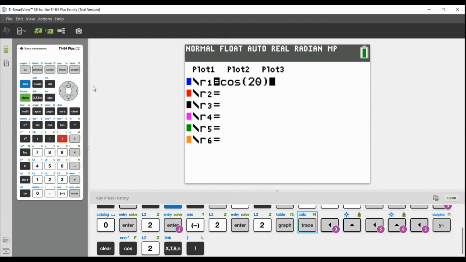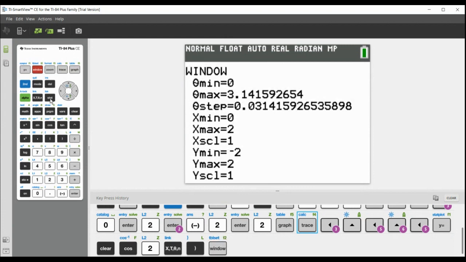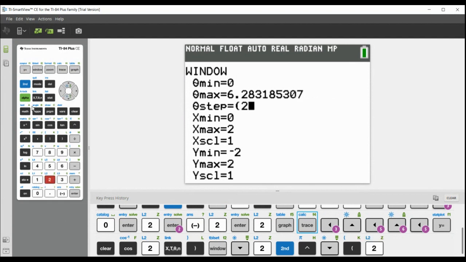My window, I need to adjust it. I'll go from 0 to 2 pi, just because 2 pi is usually a good value.